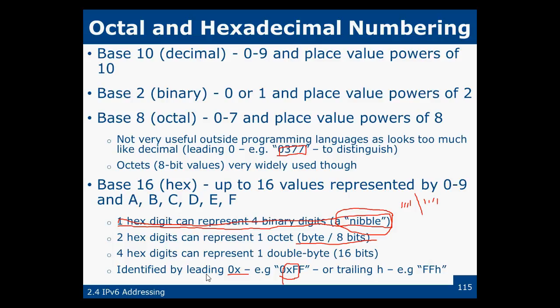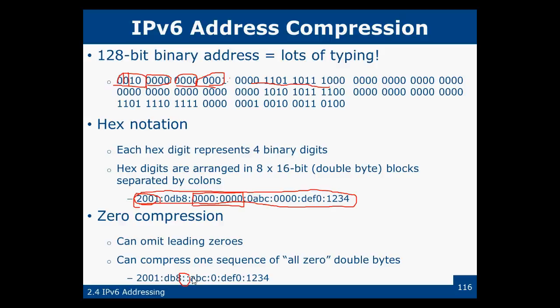If we had another set of double zeros, which we do here, we would not be able to represent it again with the colon, but we can omit the leading zeros, which just leaves a 0. And the reason you can only have one double colon is so the system can determine how long the address is.